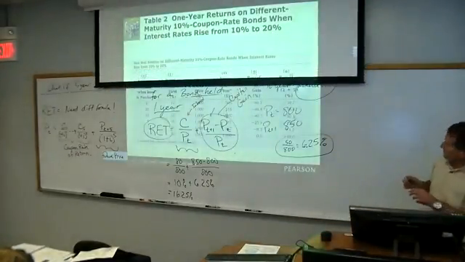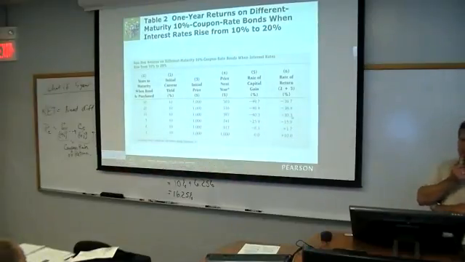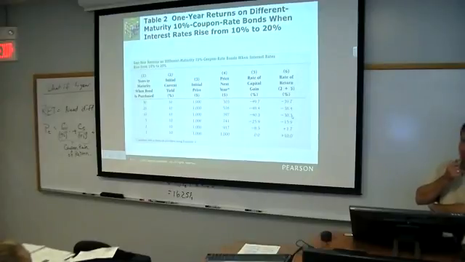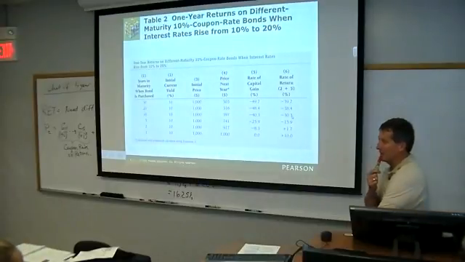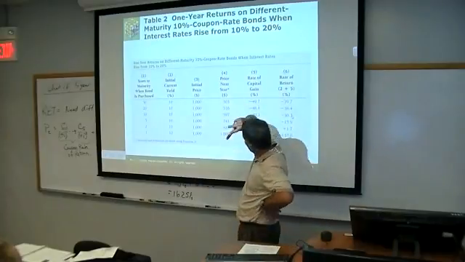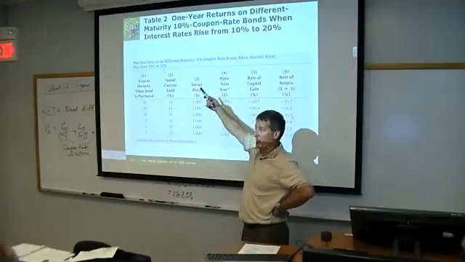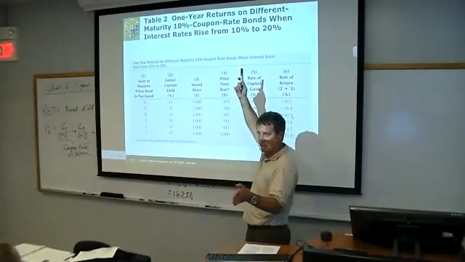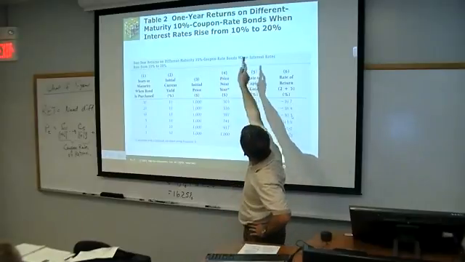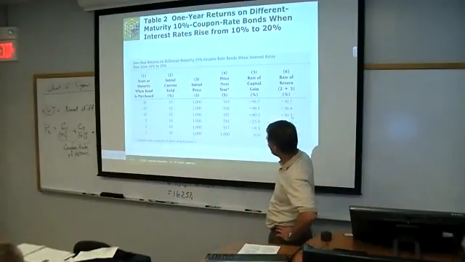this table is in your textbook too, and it shows the 1-year returns on different maturity, 10% coupon rate bonds, which is the normal bonds, when interest rates rise from 10 to 20%. There's kind of a lot going on with this thing. So market rates of interest have gone up from 10 to 20% since you bought the bond, okay? So there's been an interest rate difference in 1 year, market rates rose.